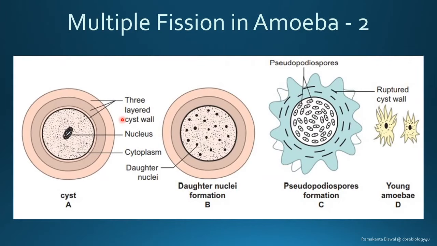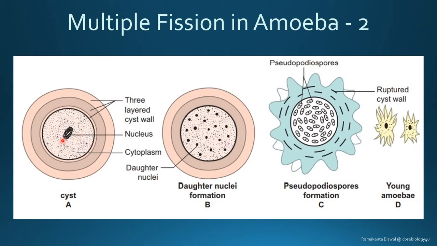Here is a similar process of how the cyst develops. The cyst is typically three layered, not a single layer, because it has to protect the organism in an extremely vulnerable, unfavorable condition. So here there is a three layered cyst wall, and inside that only you have the organism, which is the amoeba.